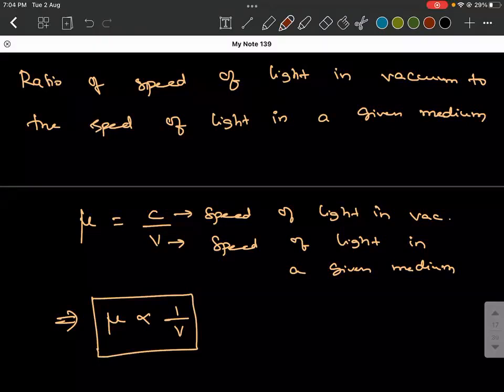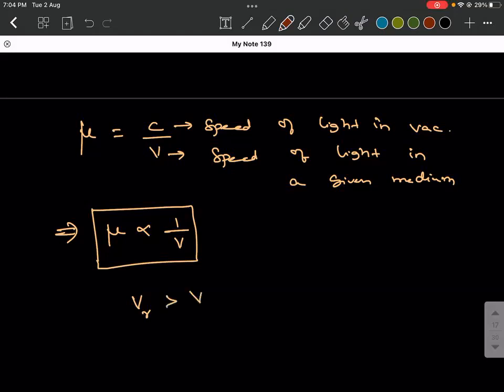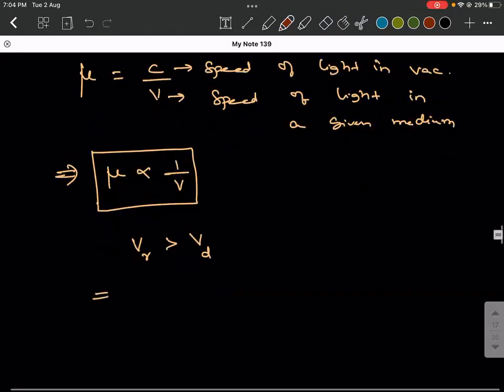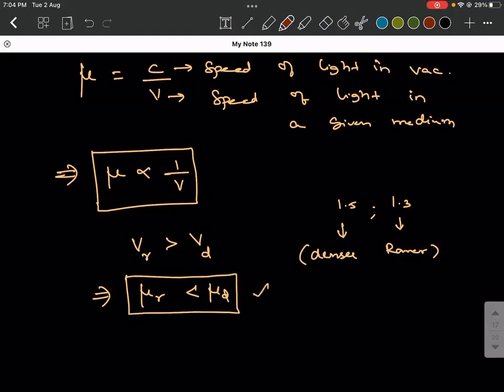When I say mu is inversely proportional to v, observe, I told the speed of light in rarer medium is greater than the speed of light in denser medium, which implies the refractive index of rarer medium is less than the refractive index of denser medium. So whenever they give you refractive indices, let's say 1.5 is given and 1.3 is given, by looking at them, you can say this is the refractive index of denser medium and this is the refractive index of the rarer medium. So mu r is less than mu d. Is the point clear? Right?